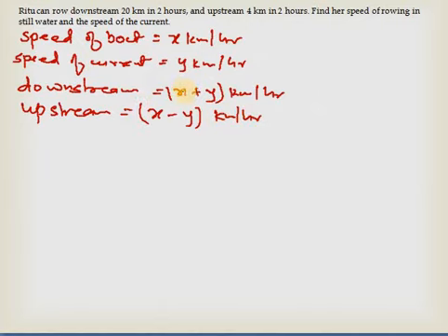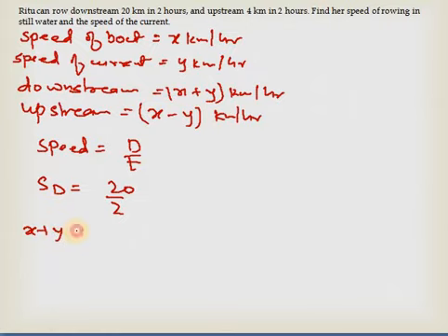So now we have these two. The question is like the downstream speed is already given. We know speed is equal to distance upon time. So the speed of downstream is equal to 20 upon 2, and downstream is x plus y, which is equal to 10.